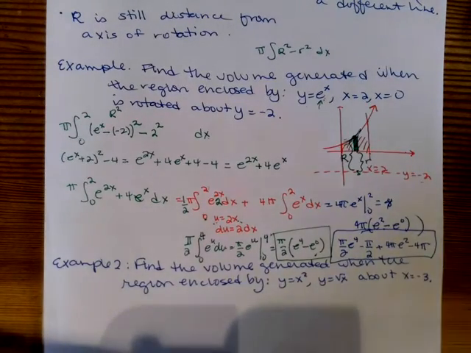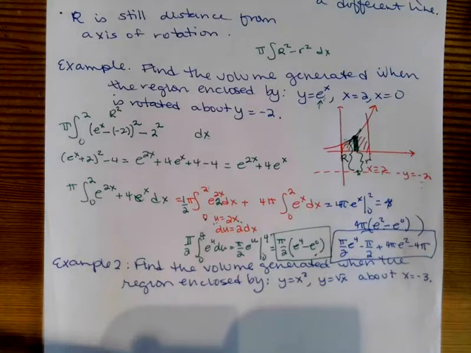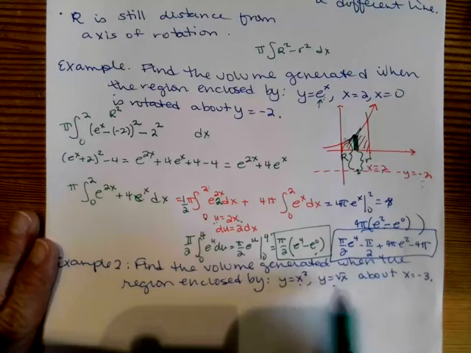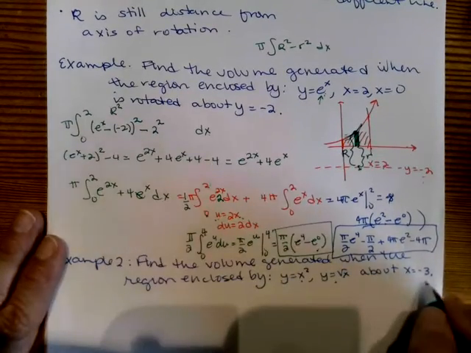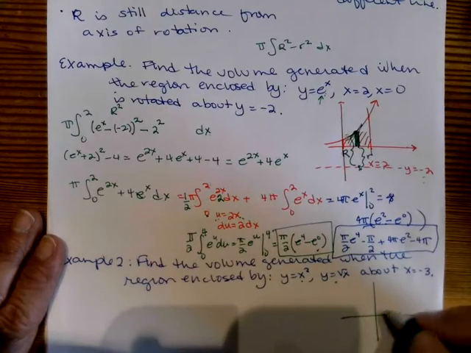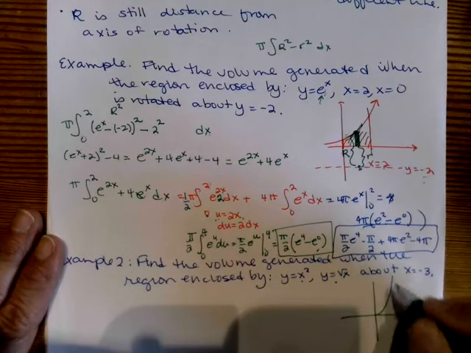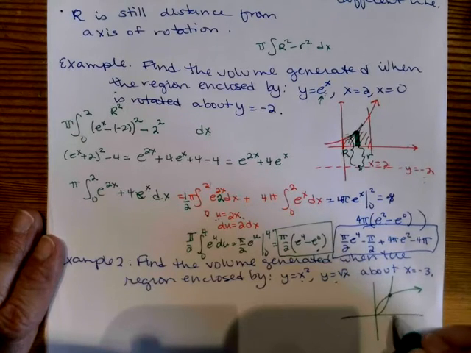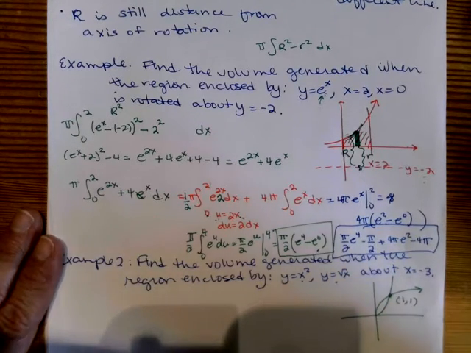So this time we're going to rotate around a vertical axis. So we're going to take the region enclosed by y equals x squared, y equals square root x, about the line x equals -3. So let's get a graph. So y equals x squared, y equals square root x. They intersect over here at 1, 1.